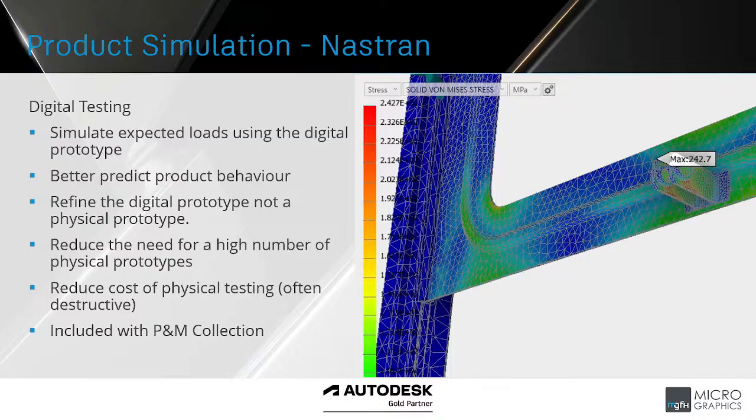And particularly here, talking about Nastran being one of the options to do stress testing, both linear and non-linear testing, buckling, there's various options available within Nastran from a simulation perspective. And once again, Nastran is included with the product design and manufacturing collection.